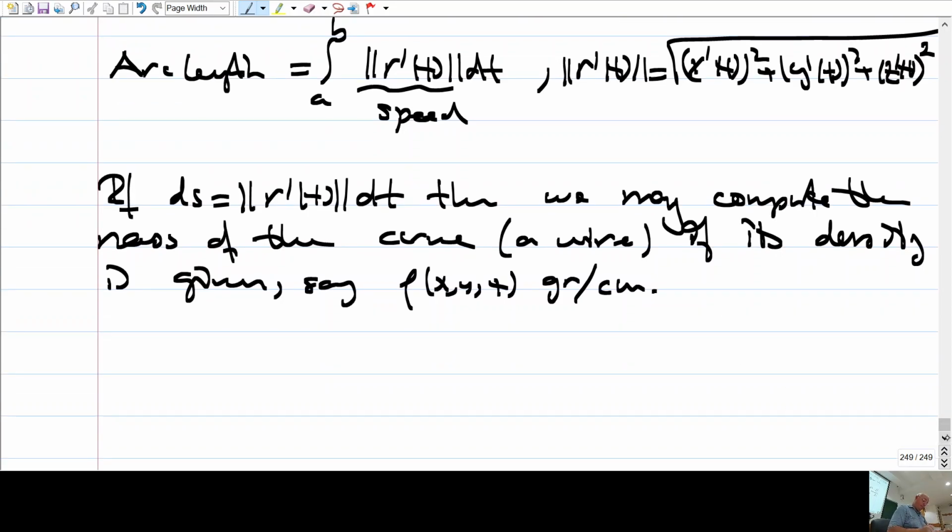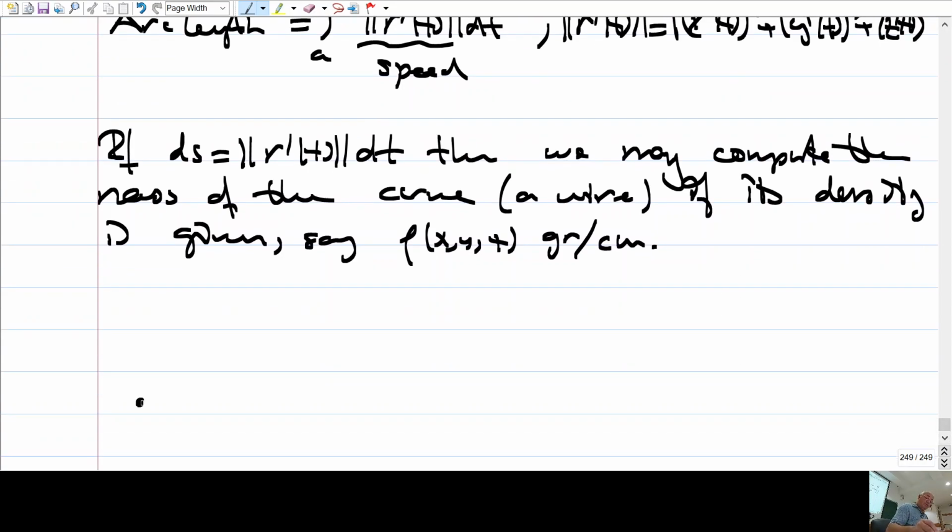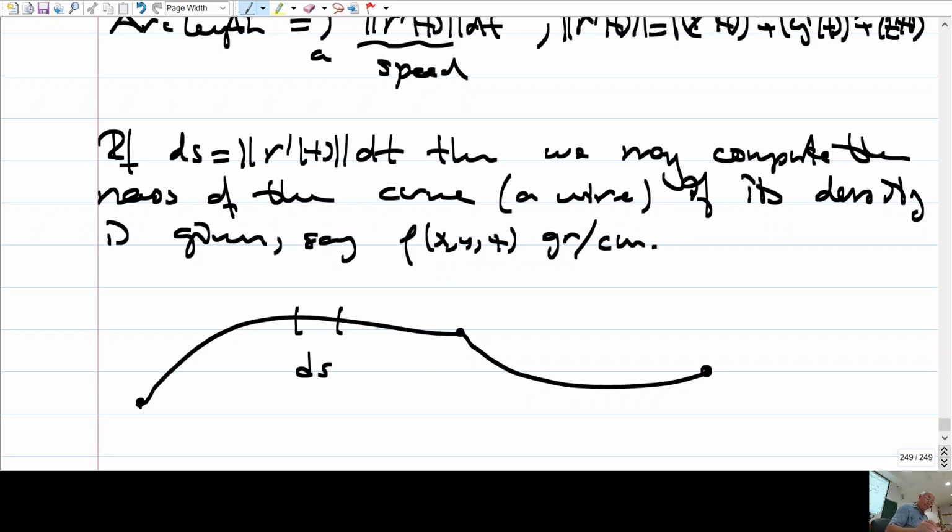Suppose the density of this curve is given. When I take a ds here, ds is an arc length element. It is basically the length of this piece.